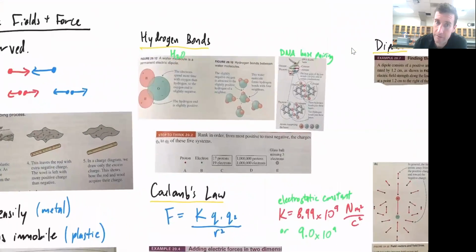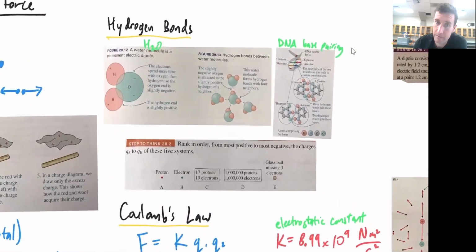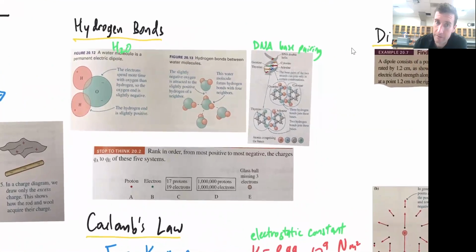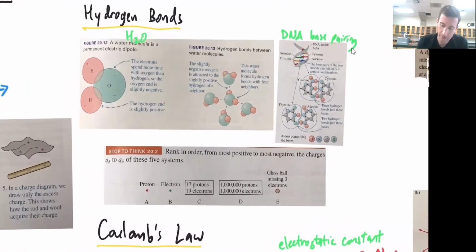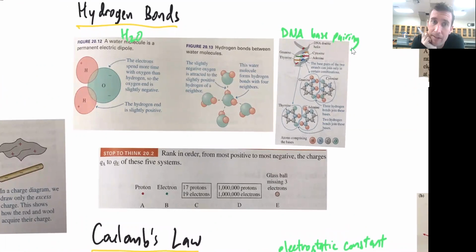Let's come back up and take a look at what we can do with some of those charges. So one of the things that we can do now that we know atomic structure and charges is we can make bonds. And one of the types of bonds that are charge related and really polarization related is hydrogen bonds. So here's a diagram of water.